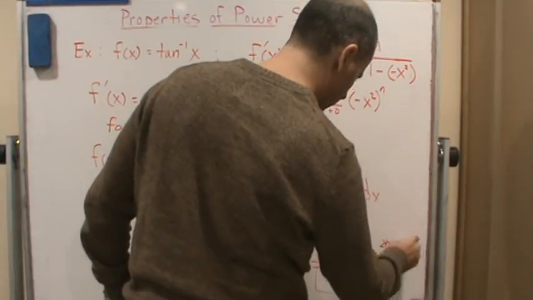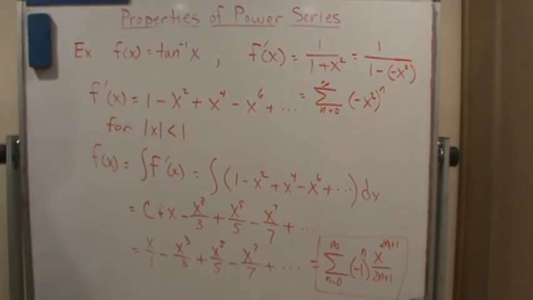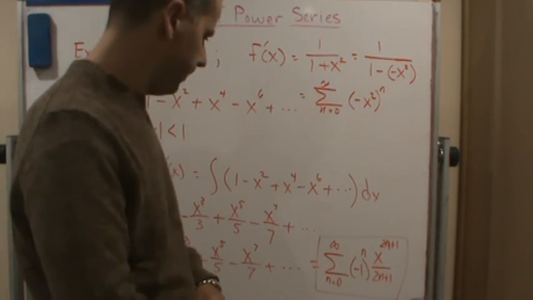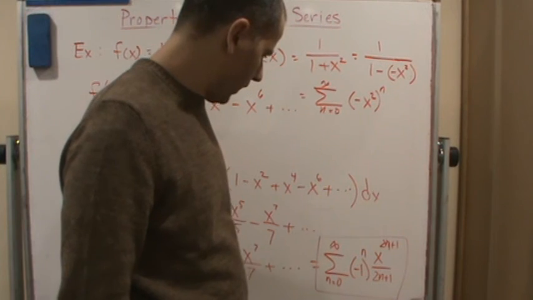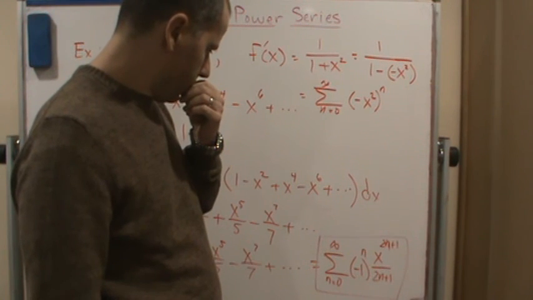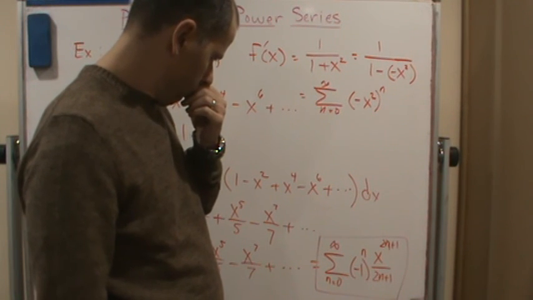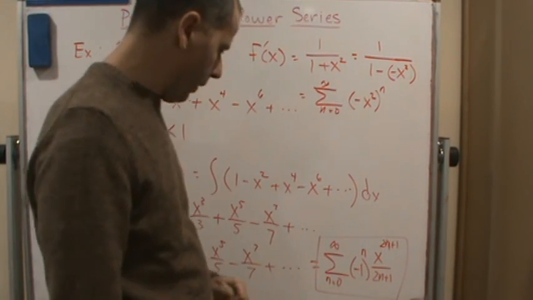Oh, and the interval of convergence? Well, in this case, the interval of convergence is -1 to 1. Now, again, we're going to have to check the endpoints. If we look at x equals 1, then this is just going to become an alternating series of 1 over 2n plus 1.